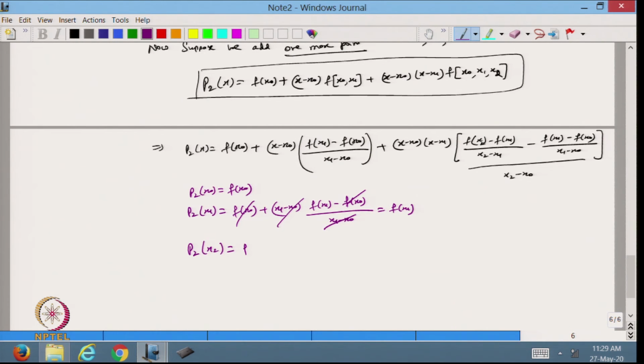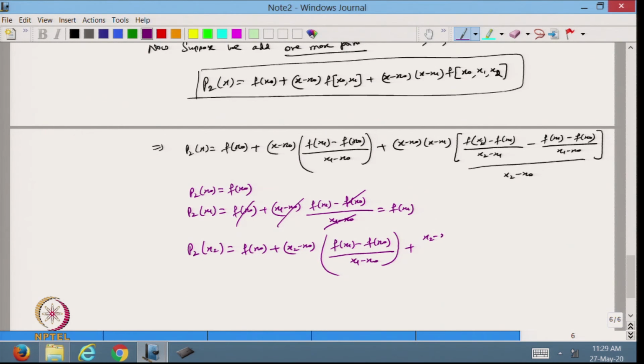Now, let us see what will happen. f(x0) plus (x2 minus x0) times f of x1 minus f at x0 divided by x1 minus x0 plus, now x2 I have to substitute here.